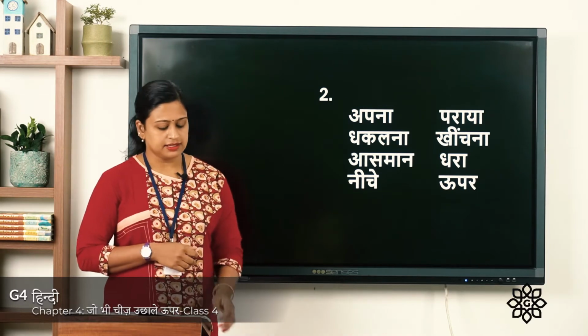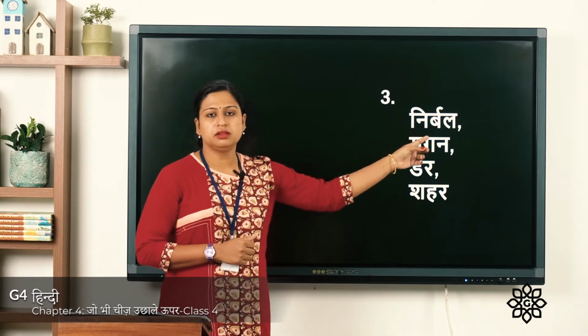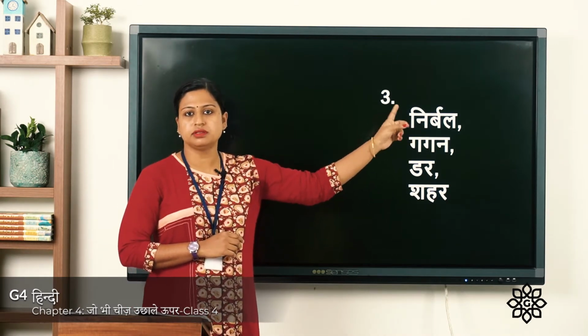Now let's check the answer. So the first one, bal, shakti, takat. These words have the same meaning. The meaning is power. The last one, the fourth word, that is nirbal, the meaning is weak. So this one is odd one and you have to circle nirbal. Now kha, dhara, prithvi, dharti.